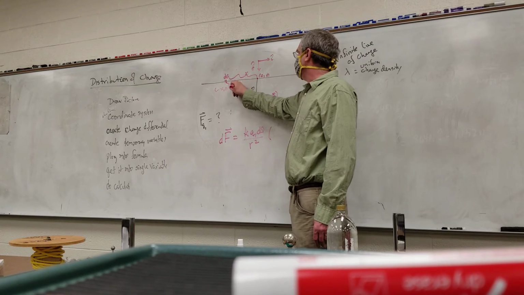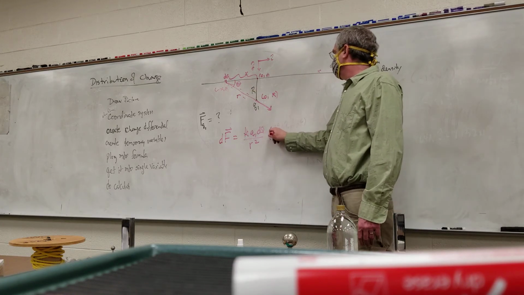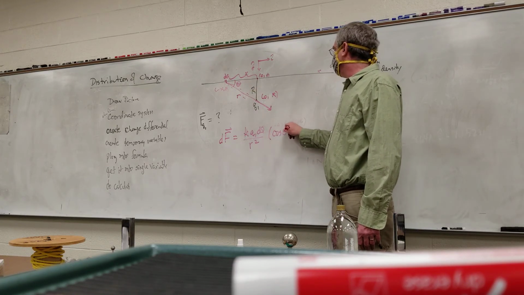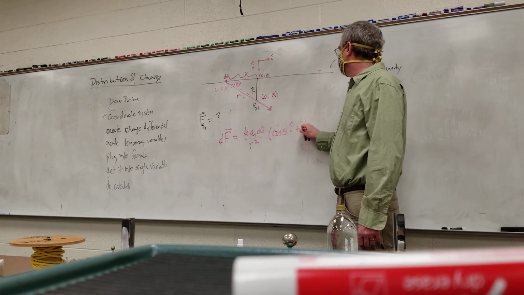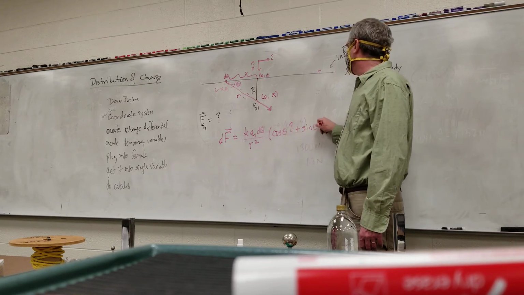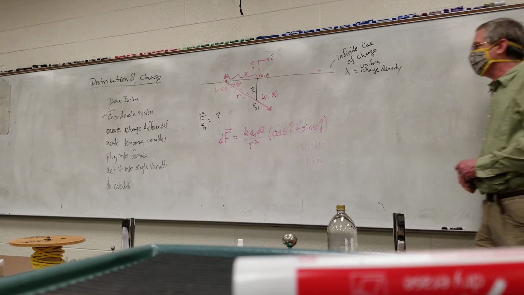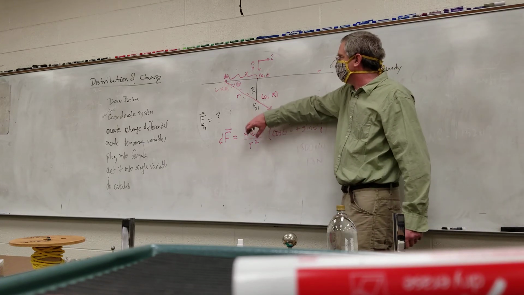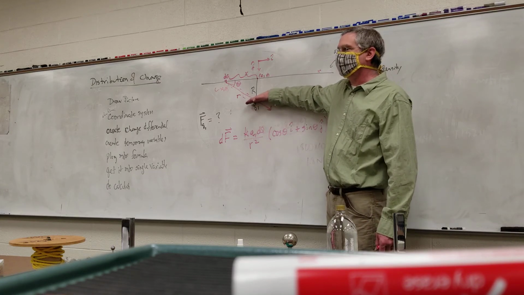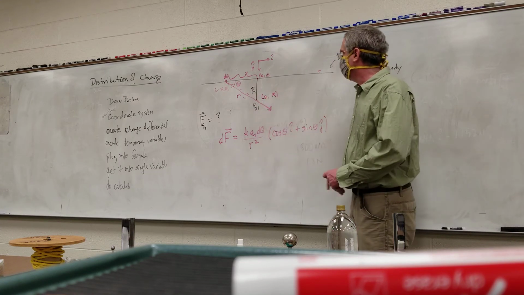This angle here is theta. That would be cosine theta i hat plus sine theta j hat, because the magnitude of the force is right here in my fraction, but then I break it up into the horizontal and vertical components.